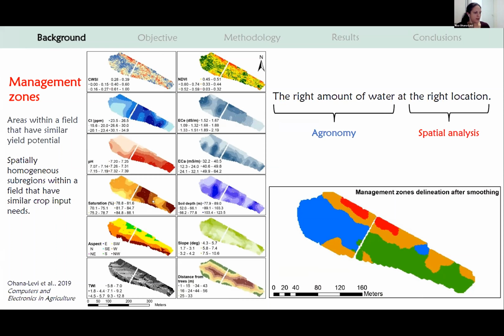Then a certain clustering algorithm would be applied on this multivariate data set, and we would receive a management zone map, where each management zone has its own specific characteristics.